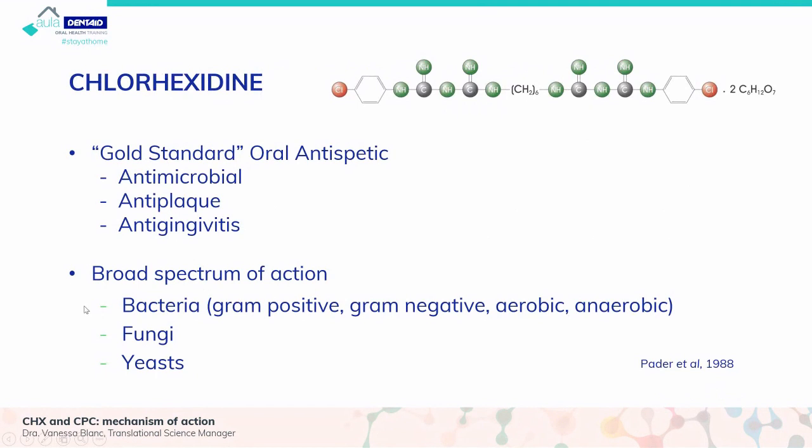So let's focus on the gold standard molecule for periodontal disease treatment. Chlorhexidine is a cationic bisguanidine that was synthesized in 1954 to provide a molecule with a very broad antimicrobial spectrum, and it was introduced for human use in 1957 in Great Britain as an antiseptic cream for skin wounds.